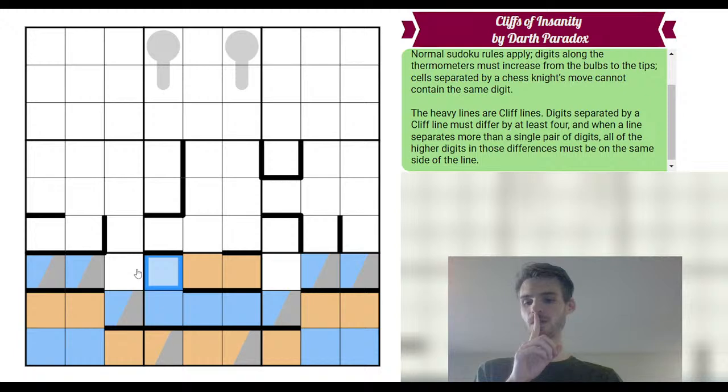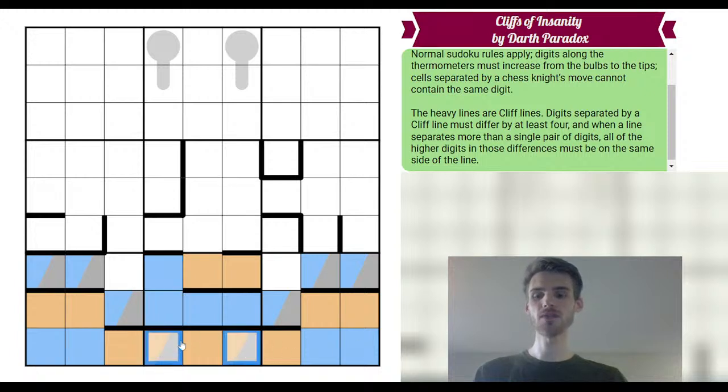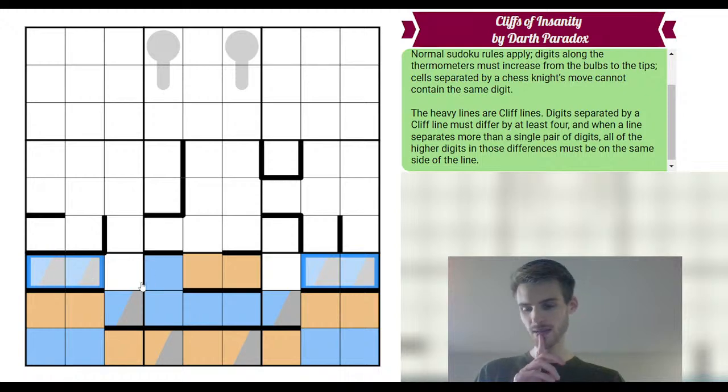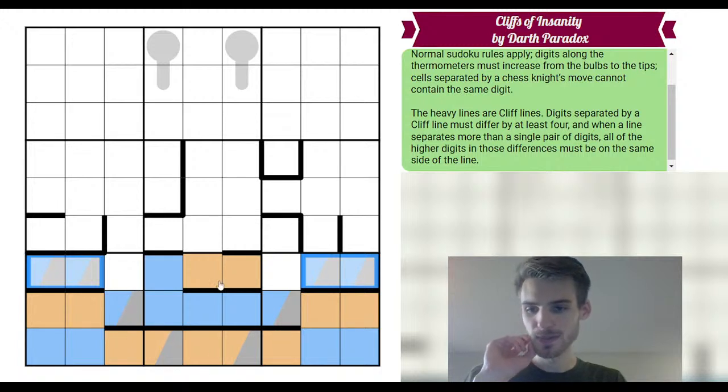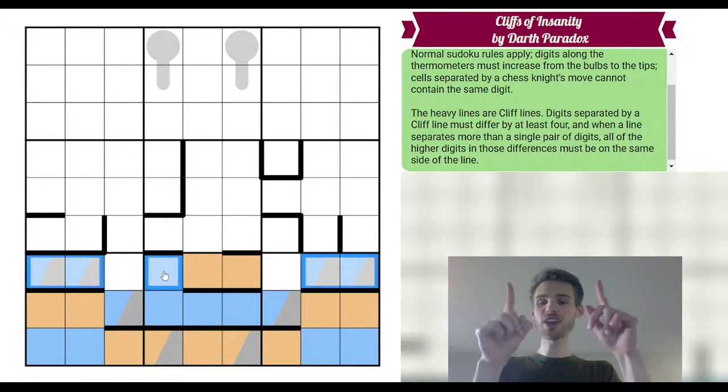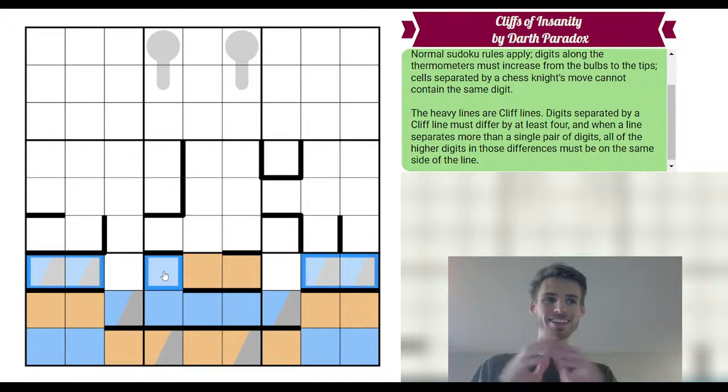Oh, this is beautiful. No, it's not beautiful. It's close to beautiful. So I think this is what's going to happen. If this is a 5, I can see that this can't be a 5. Now it would be really nice to force 5 into one of these cells, like one of these sides. I don't know why, I just felt like it would be nice. Oh, wait, there's 5. Oh, same point. I'm sorry, I shouldn't clap because of the microphone.